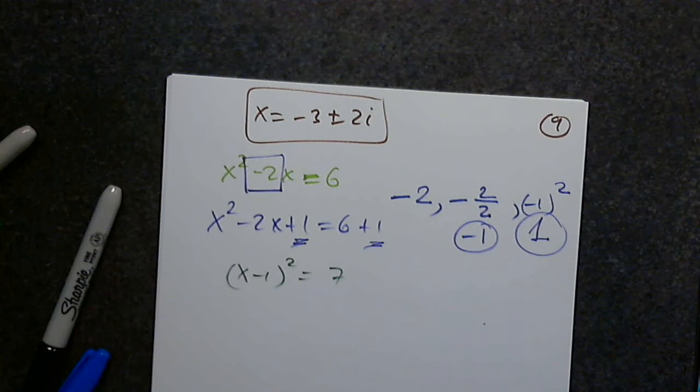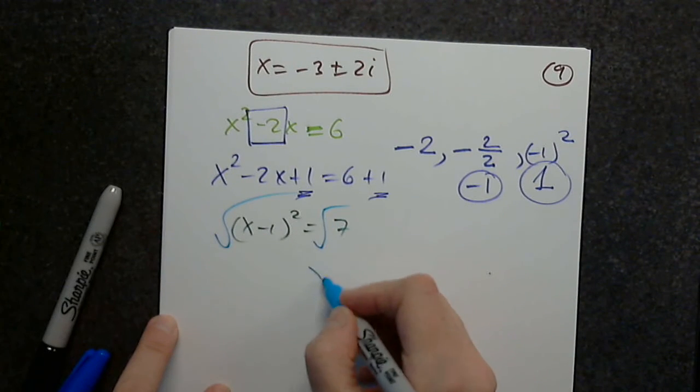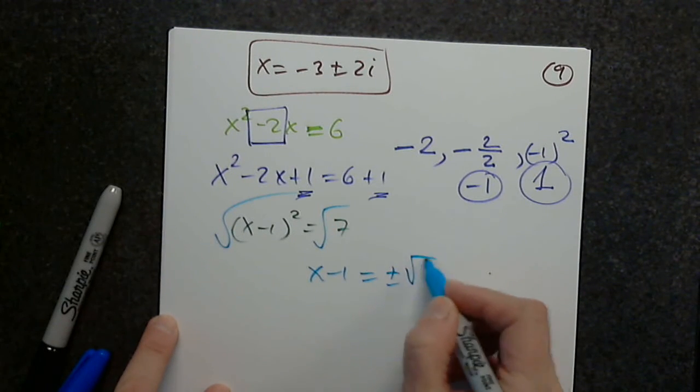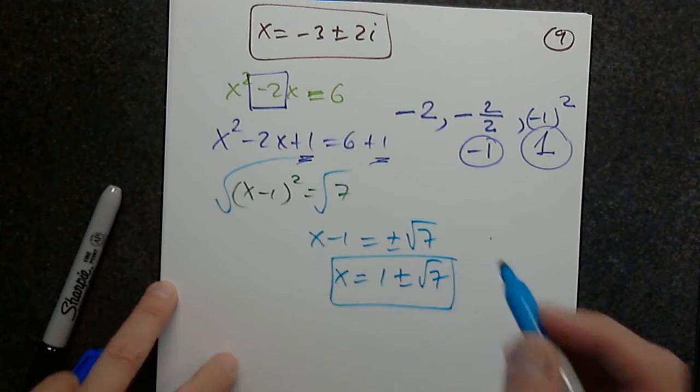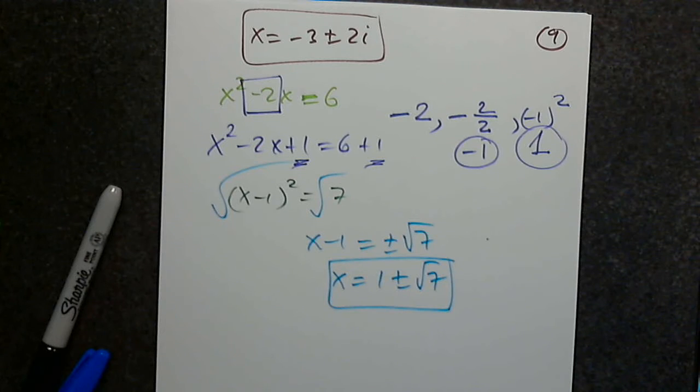Okay, now if I don't remember how to continue, I may be tempted to expand and move 7 to the other side, etc. But no, this is done. X minus 1 equals plus or minus the square root of 7, so x equals 1 plus or minus the square root of 7. And on paper, you do not have to separate those, because you cannot further simplify.